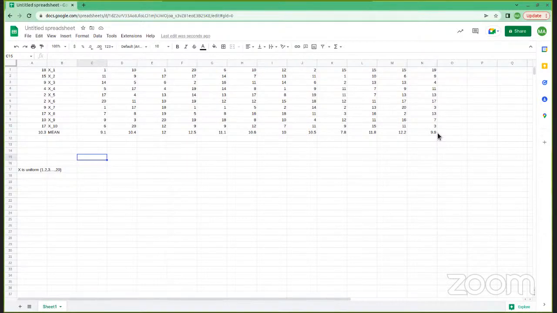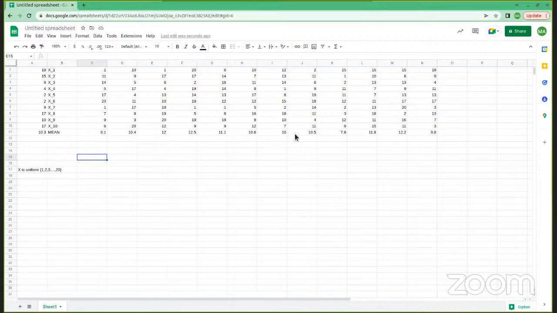X1, X2 and so on up to X10 are random variables. And this X bar is the mean, which is a random variable, equal to X1 plus X2 plus X3 and so on up to X10, divided by 10. Now this X bar, what we are seeing, is actually varying. So this is a random variable.